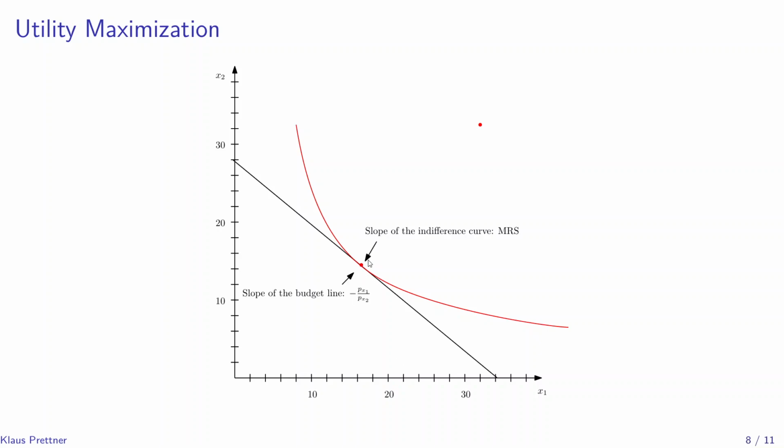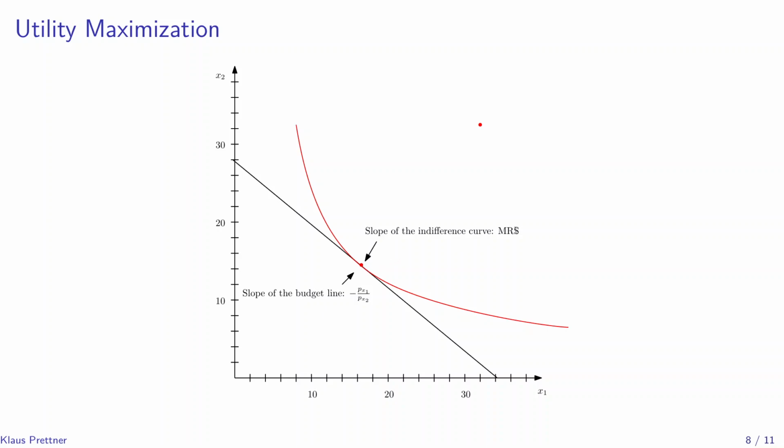And that is that at this particular point, the budget line is actually a tangent of the indifference curve. Why? Because exactly at this point, the slopes of the two curves have to be the same because they need to touch each other, but no other point along the indifference curve must be feasible. So then it's exactly at this point where the two curves have the same slope.